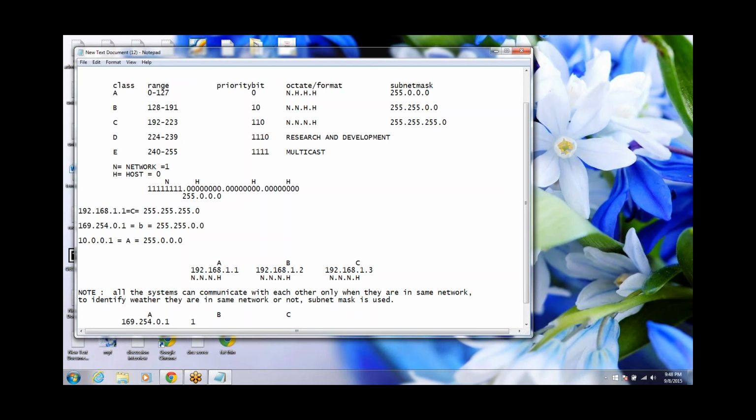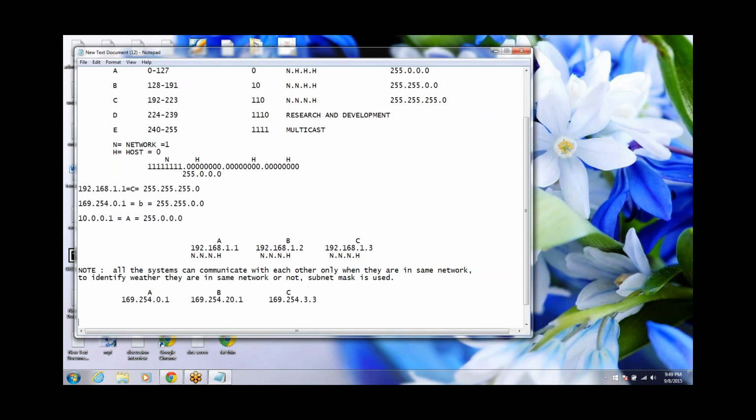The system B address is 169.254.20.1, and the system C address is 169.254.3.3.